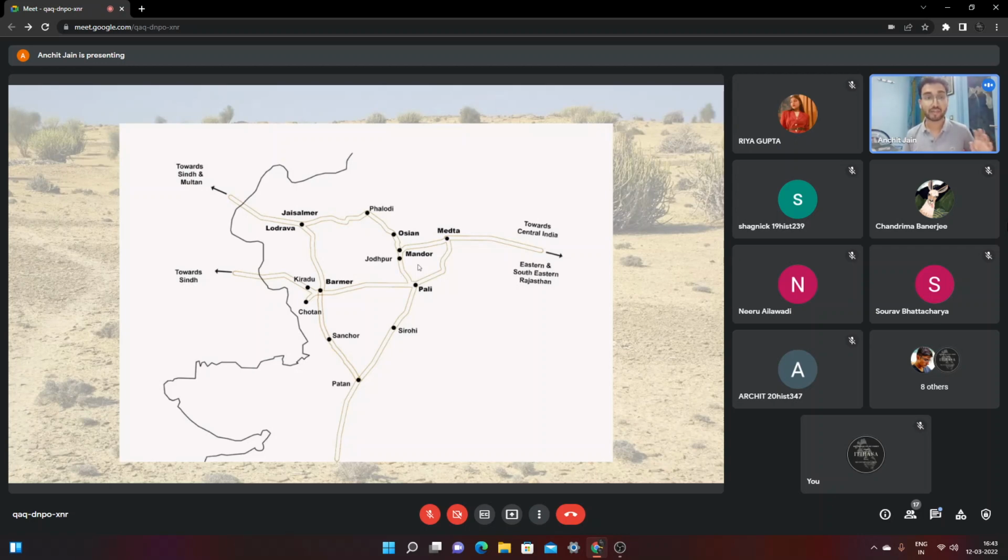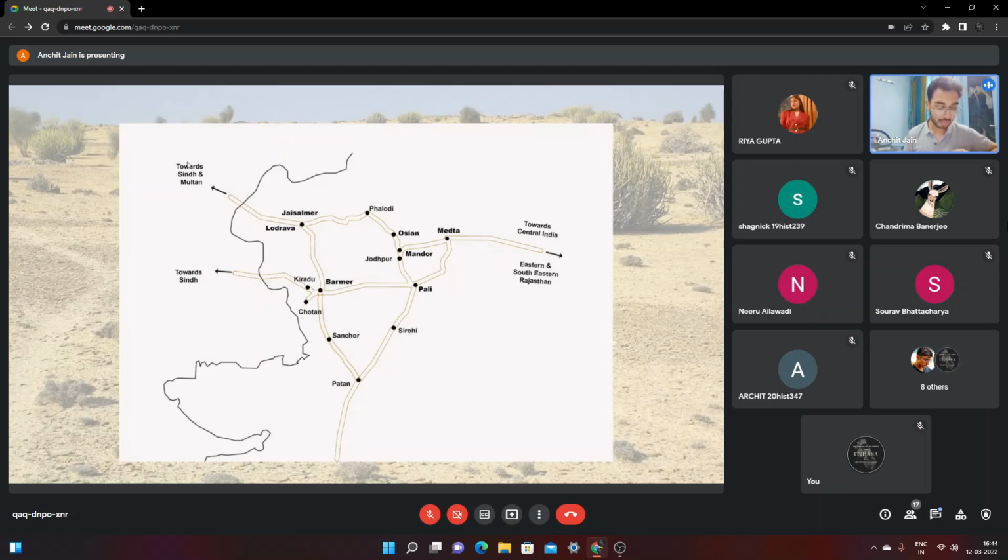However, at least we do have direct evidence for the movement of mendicants, particularly Jain monks, across this region towards Sindh, as well as for the exchange of artistic ideas, which I'll be discussing in the later phase of my presentation, and definitely for the commercial networks and for the trade.